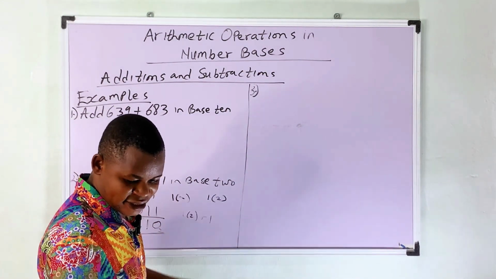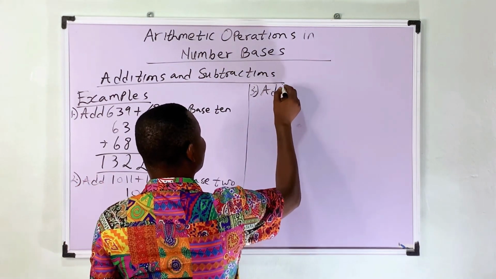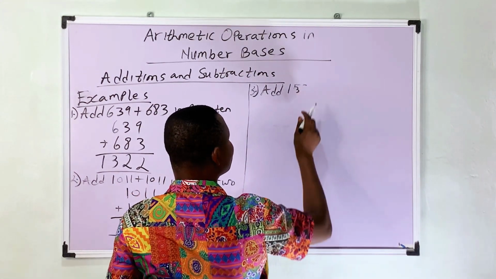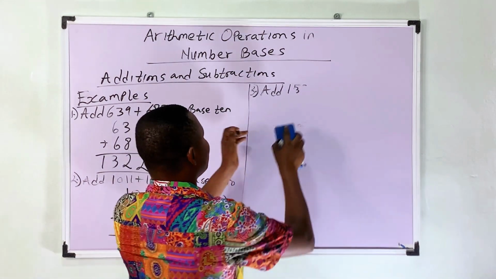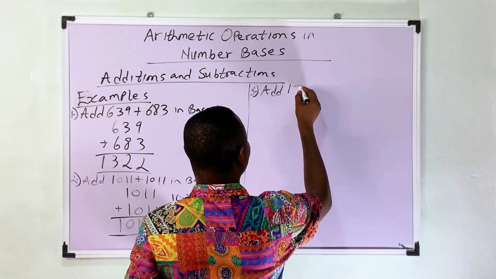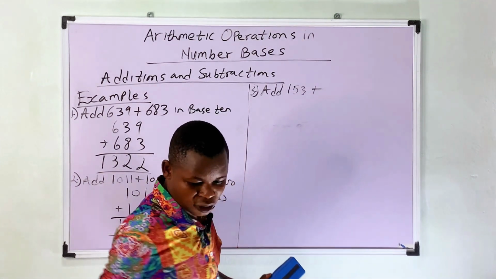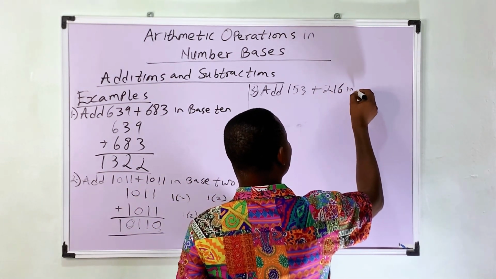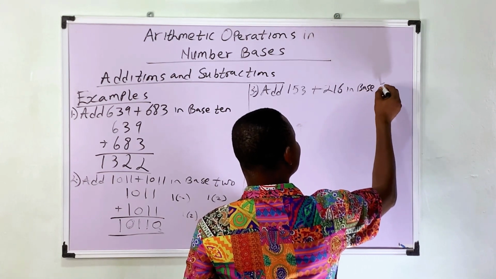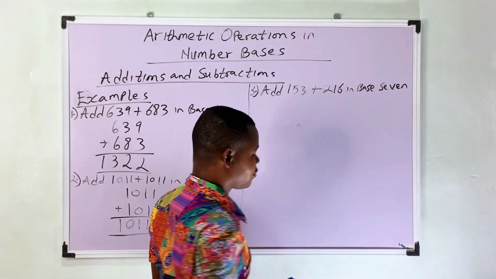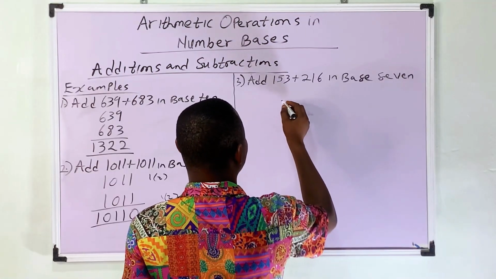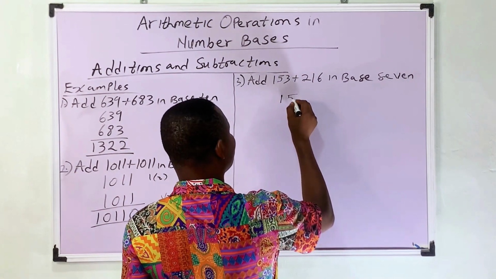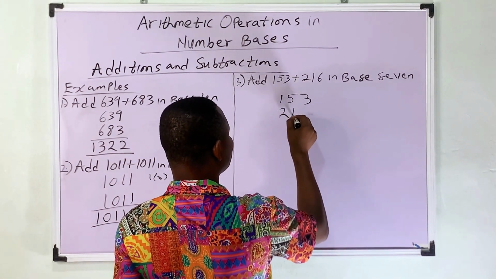Let's add 153 plus 216 in base 7. 153 and 216.